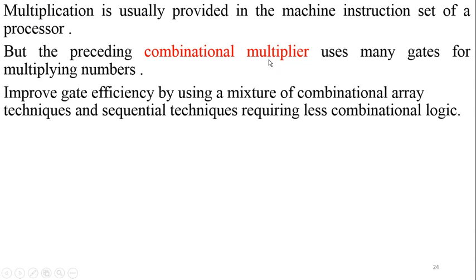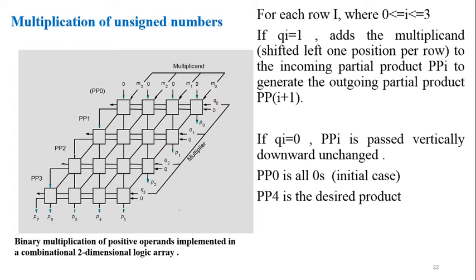So if we use this combinational multiplier, we need many cells in order to implement such a multiplication. To improve the gate efficiency, we can use a mixture of combinational array techniques and sequential techniques requiring less combinational logic. We can reduce the number of gates.